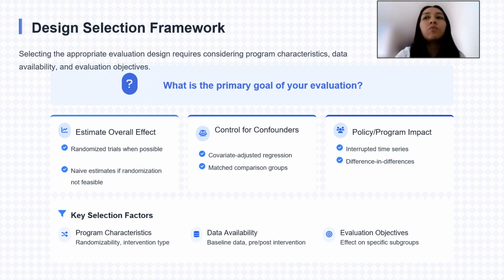If we only need a rough estimate and can't randomize, use naive estimates. If we can control for confounders, use regression or matching groups. If we are studying long-term policy effects, use interrupted time series. We also need to consider how much data we have, how randomizable the program is, and what kind of impact we are trying to measure.